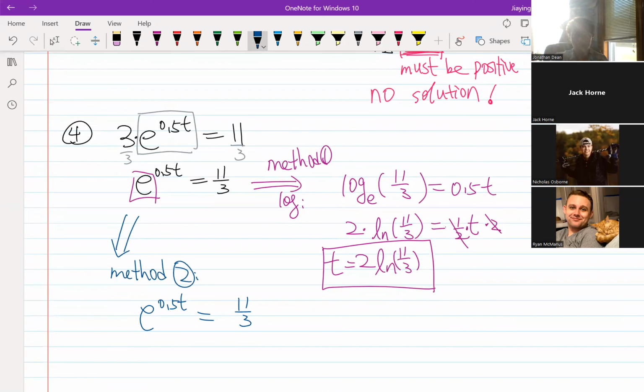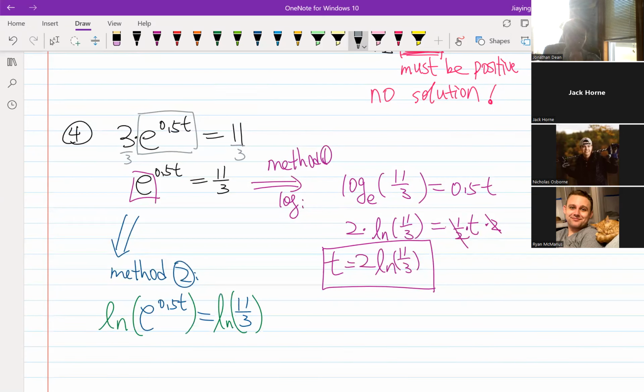How do I get the exponent out of there? Well, we're going to get rid of the base. How do we get rid of the exponential base? We need a logarithmic base. So what I'm going to do is apply natural log on both sides of the equation, basically log base e on both sides.